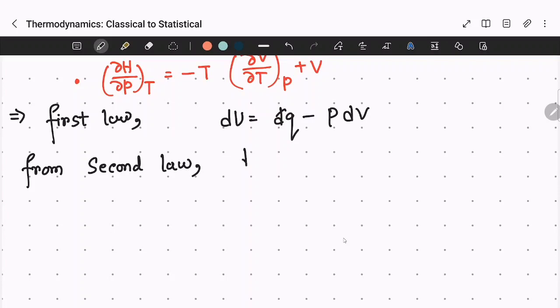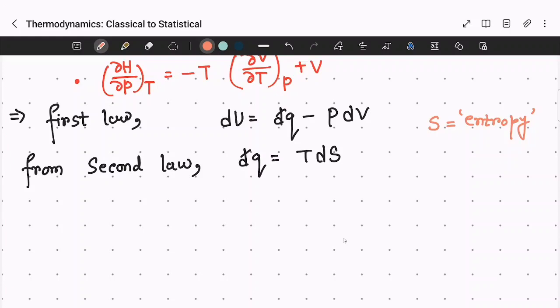That d cross Q equals TdS, where S is entropy. This is discussed in the class in detail, so I'm not going to discuss it here, but S is entropy and d cross Q, the heat change, is totally related to the temperature and entropy change.